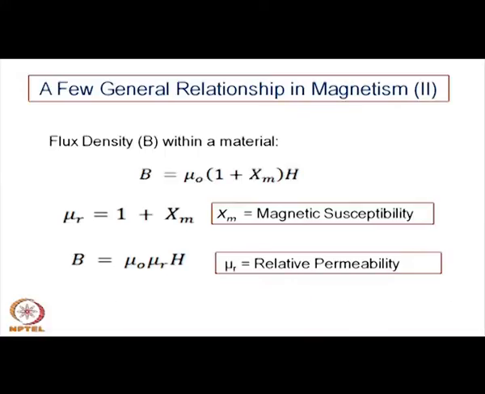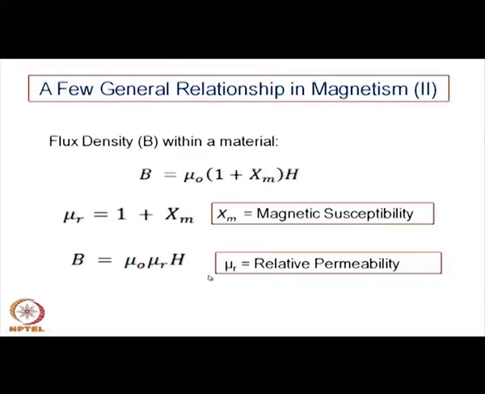As I told you, the flux density B within a material is B equal to mu 0 into 1 plus chi m, times H, and that is an important relationship, from which we derive another permeability term, the relative permeability mu r, equal to 1 plus chi m. This 1 plus chi m is the mu r. So, this is also the magnetic susceptibility as mentioned, and finally, the magnetic induction is mu 0 mu r H.